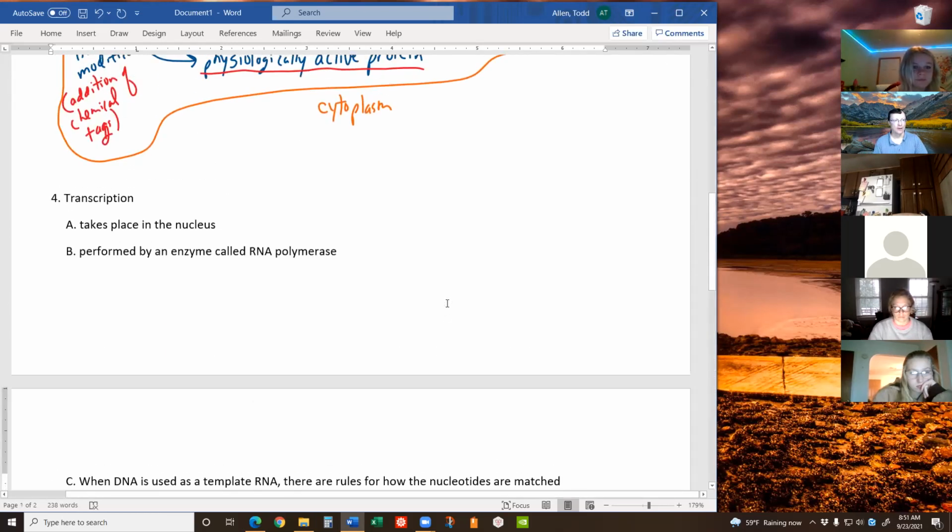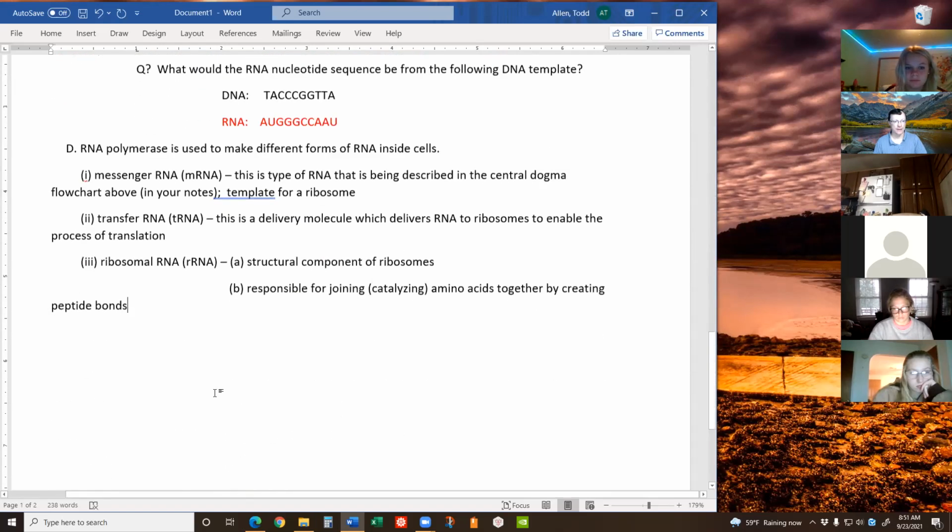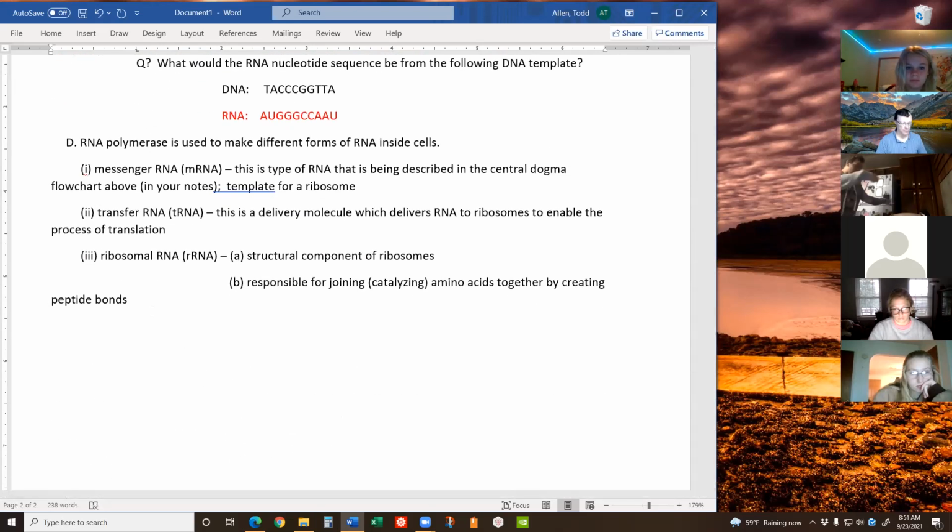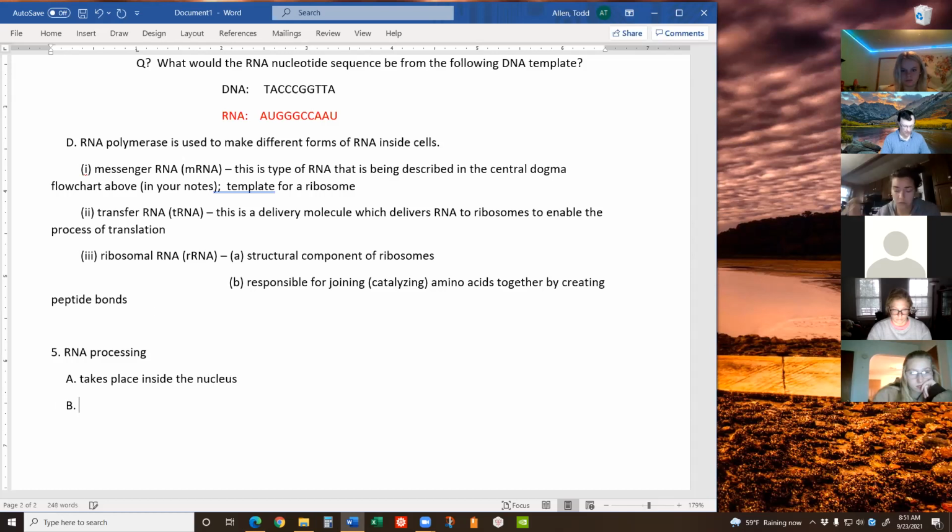Okay. All right, let's talk about RNA processing a little bit. This would be number 5. Okay. RNA processing takes place inside the nucleus. It uses a machine which is either referred to as the spliceosome or SNRP. They are equivalent terms.